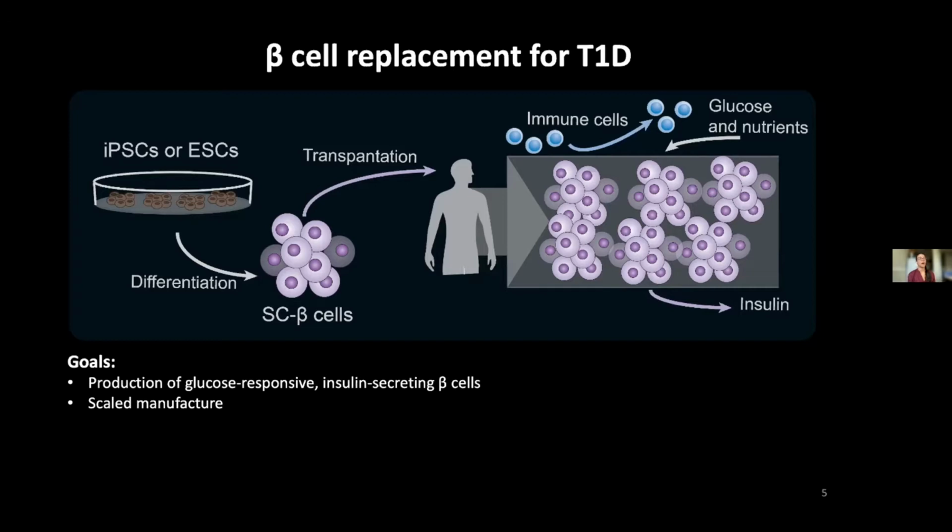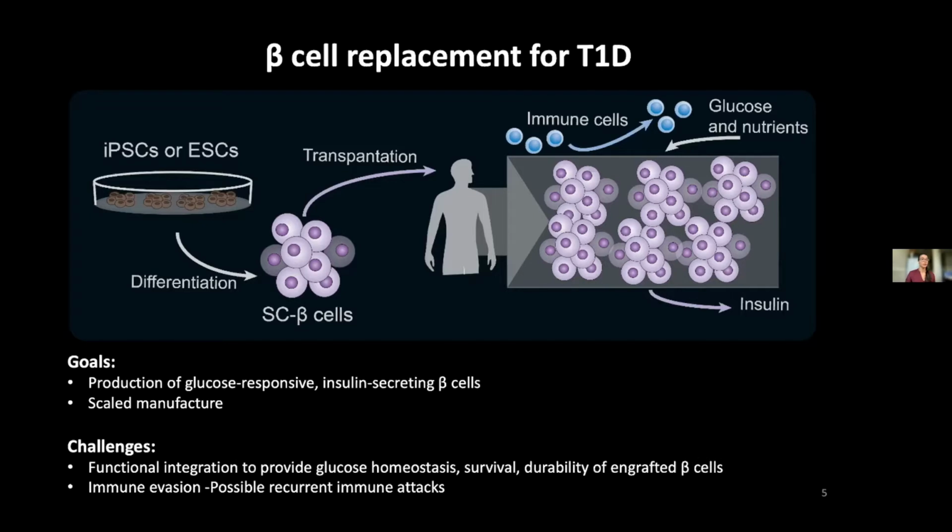And what is really important is that this production needs to be scaled to a high number. As you can imagine, there are so many people with diabetes, so we are able now to have a process in which we can produce a lot of cells on a larger scale.